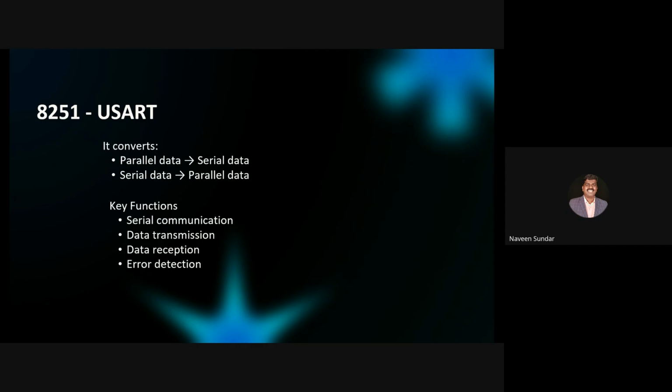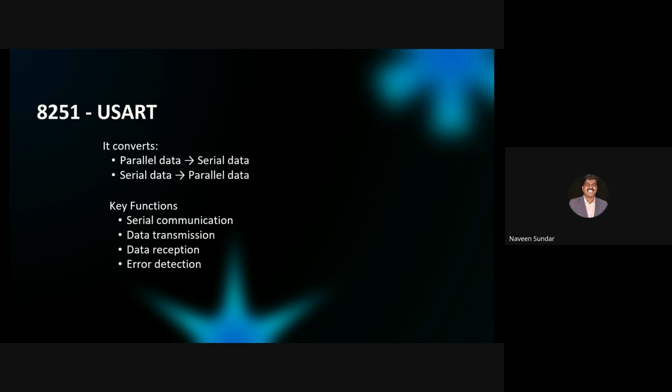Normally you should know how the data will be transferred by the microprocessor. It will be in a parallel mode, but input output devices transfer the data in a serial mode, that is sequentially, one after another.